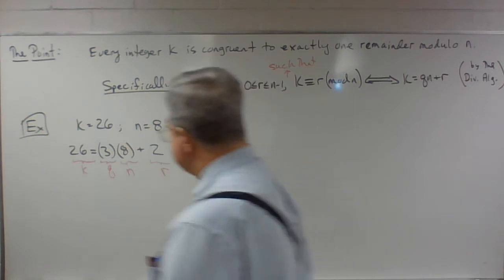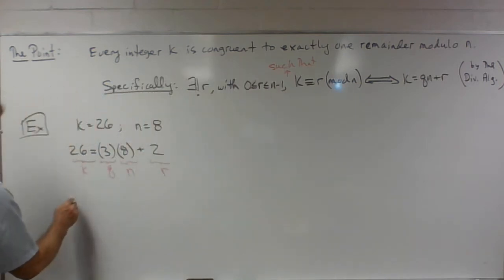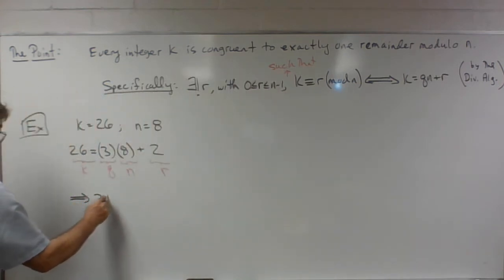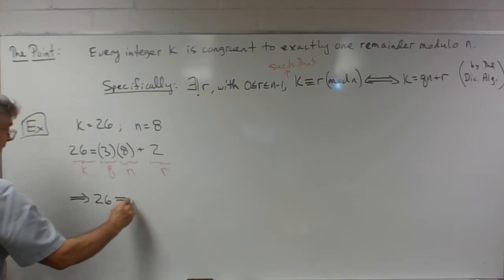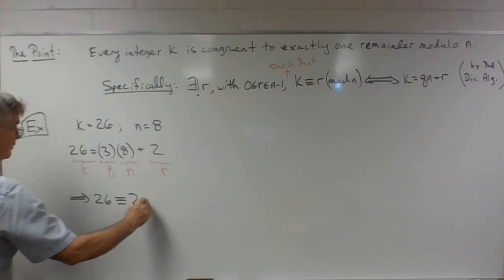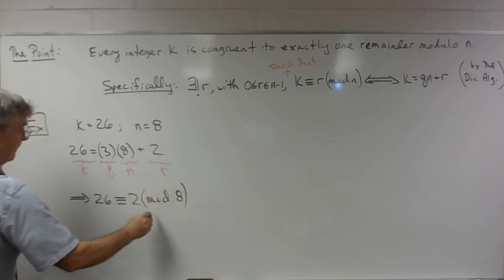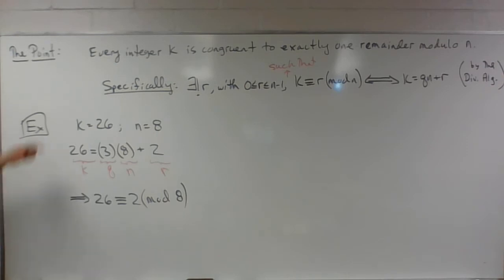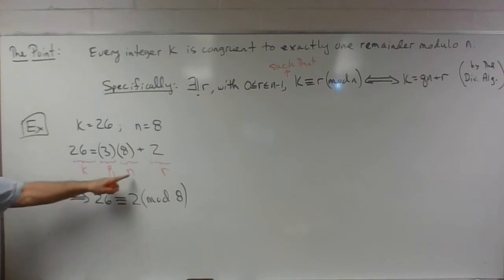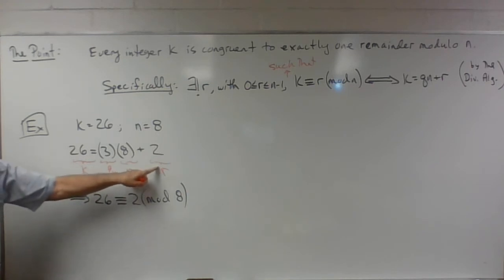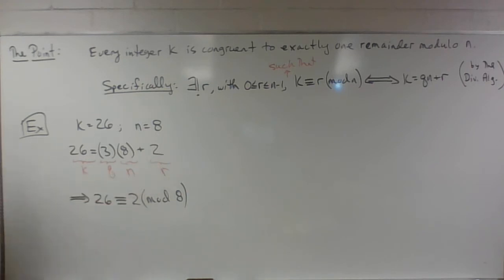Now what that means automatically is that 26 is congruent to the remainder 2 mod 8. That's what this is telling us. If we apply the division algorithm dividing by n, then k is congruent to its remainder when we divide by n.